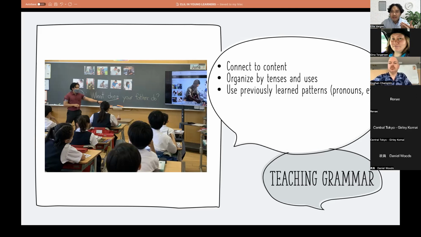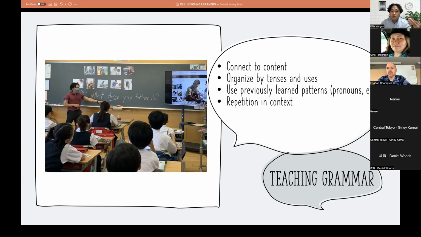And we use previously learned patterns like pronouns. If they have already learned about he or she in the previous lessons, when we talk about jobs, we can ask them what does he do, or where does your father work, and they can use he or she works in a restaurant, so they don't lose whatever they learned in the previous lessons.